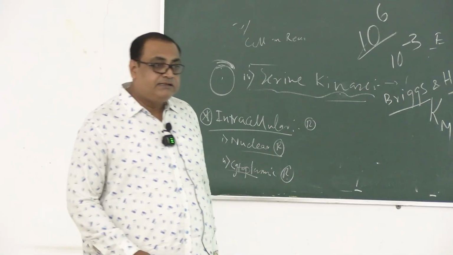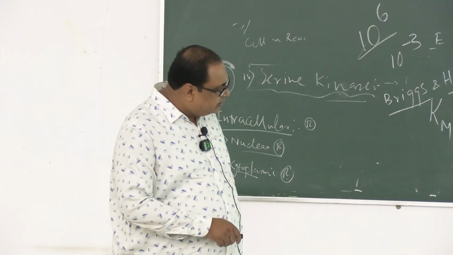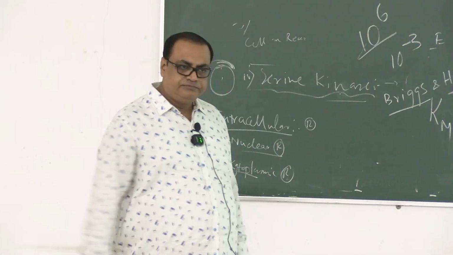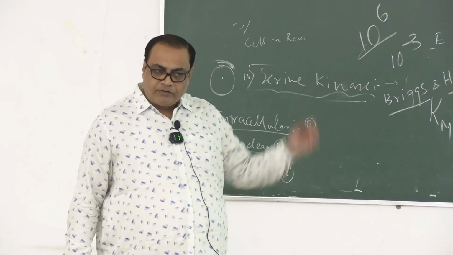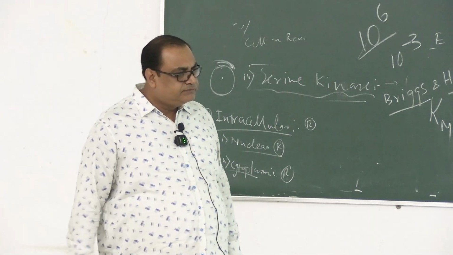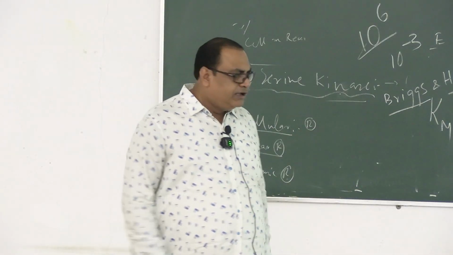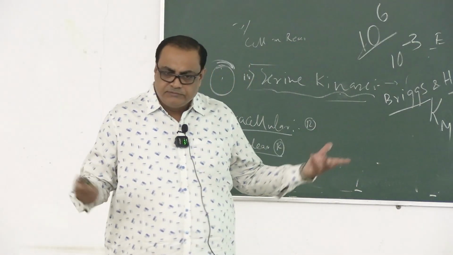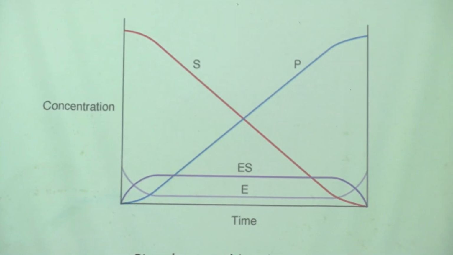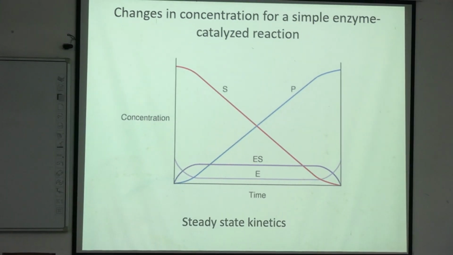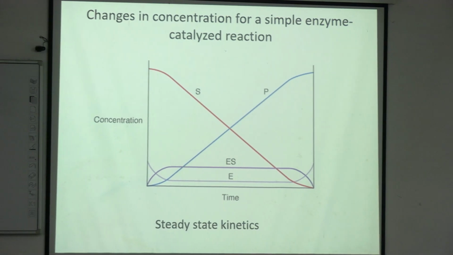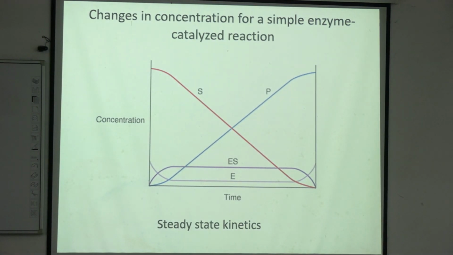But again, at the same point, if you see the substrate and product, one will be decreasing, one will be increasing. But at any point, it will be stand still. See this point? Substrate and product are same. ES same, no change. That means d[ES]/dt is 0. d[E]/dt is 0. Understood? That means d[ES]/dt is 0.